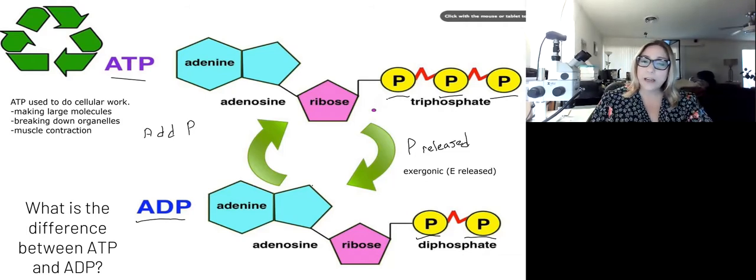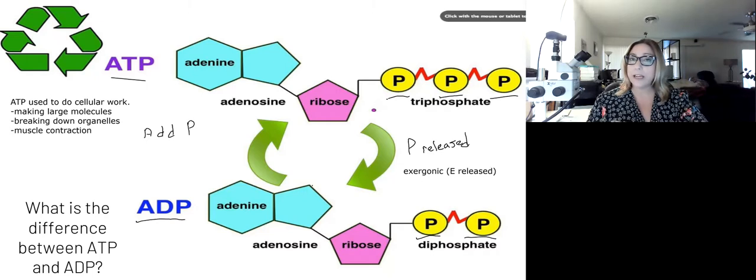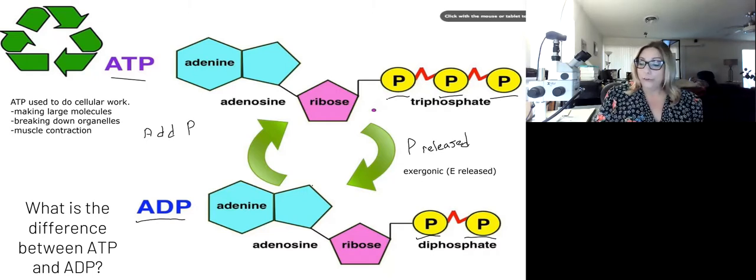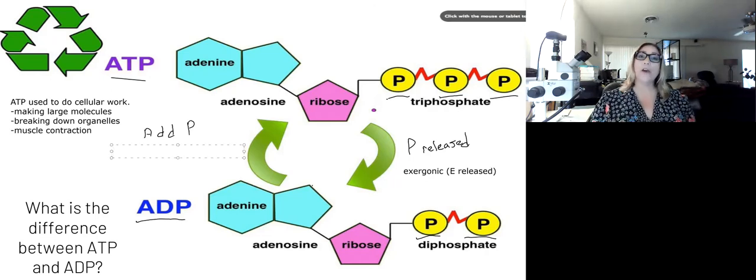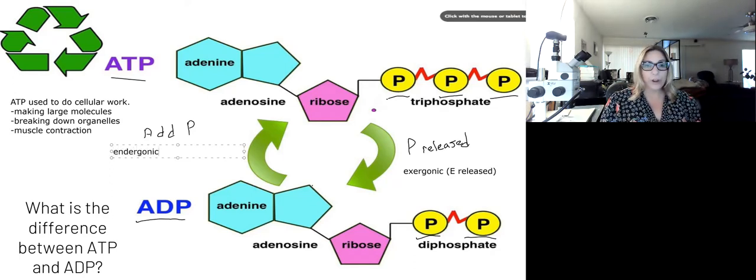So ADP to ATP. So this is an endergonic reaction. It requires energy because you are forming a bond. So endergonic requires, I'm just going to write a capital E there.